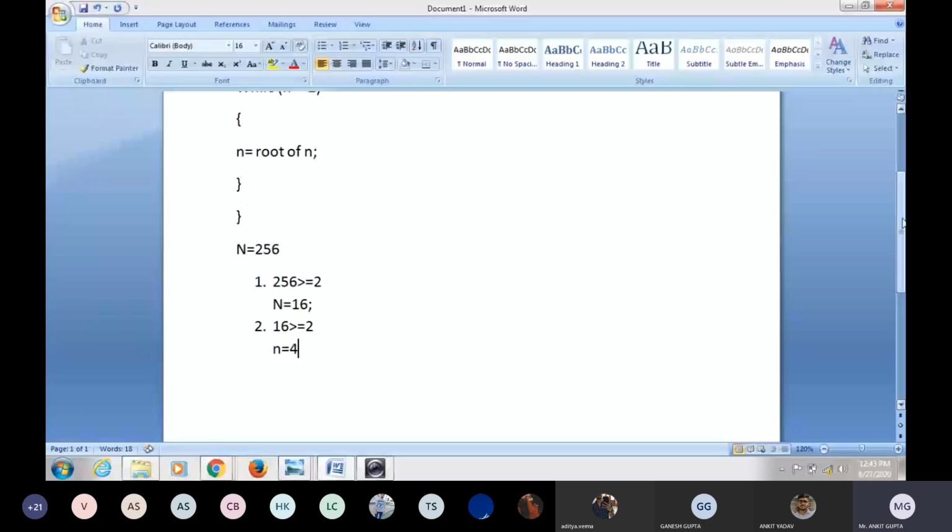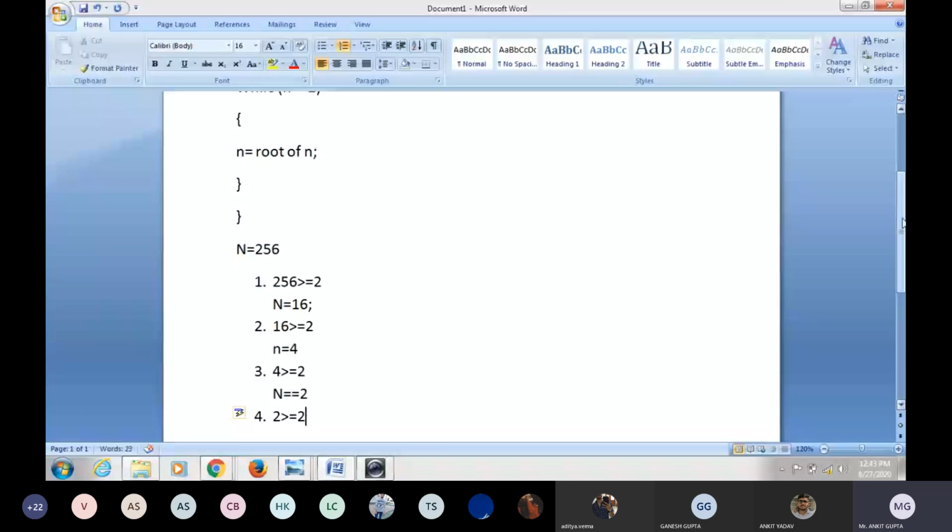Third time, 4 greater than or equal to 2. Condition true. And what is the value of n? Root of 4, that is 2. Condition true. Fourth time, 2 greater than or equal to 2.